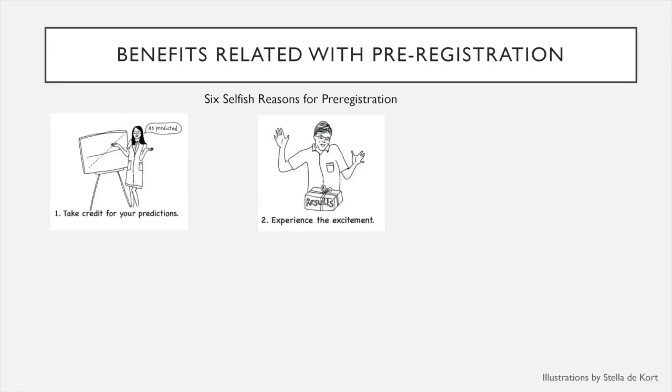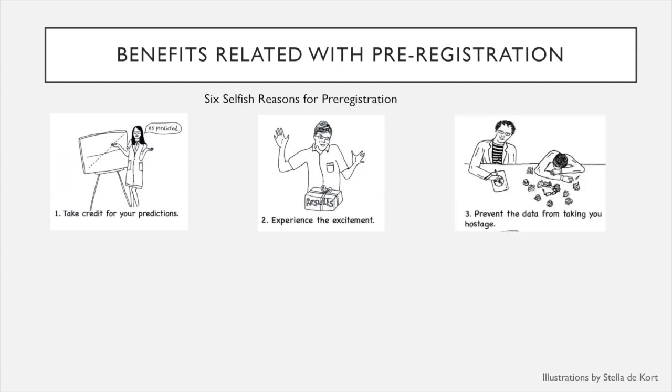The second selfish reason for pre-registration is this experience of excitement, and it is linked with the possibility of not being afraid of the results, of the outcome, because the protocol is clear, the findings will be clear. It is what it is. Also, the third selfish reason is that pre-registration prevents us from being taken hostage by our own data.